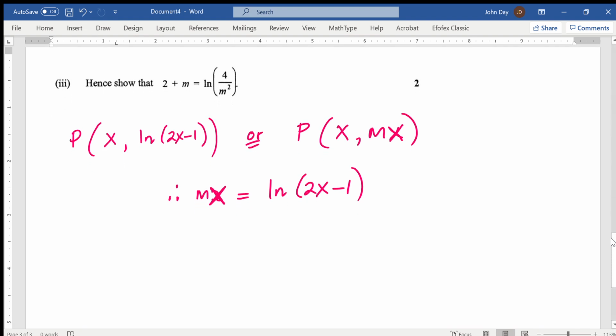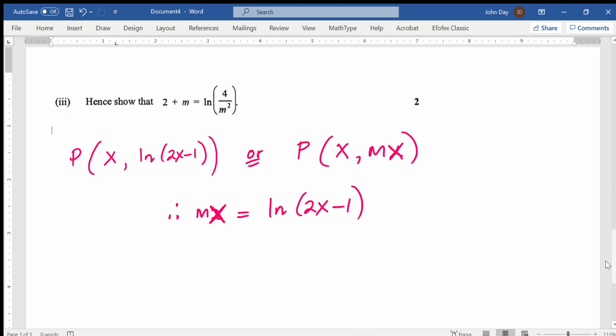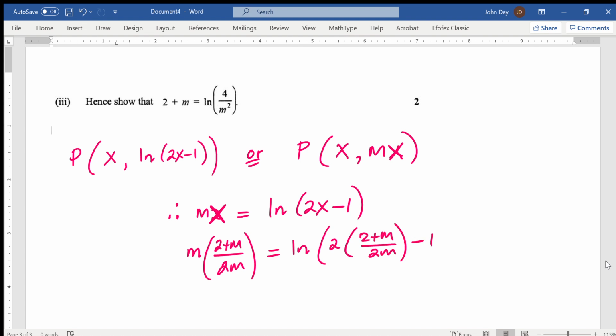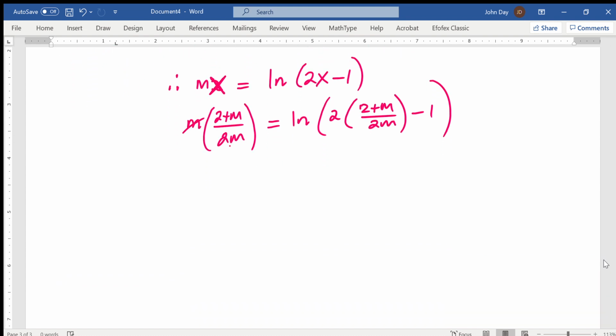Now, the x that we've worked out above was 2 plus m on 2m. So m times 2 plus m on 2m is equal to natural log of 2 plus m on 2m minus 1. Okay. 2 plus m on 2 is equal to natural log of 2 plus m on m minus 1.